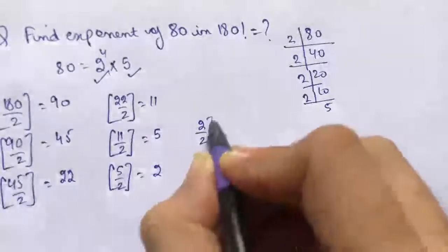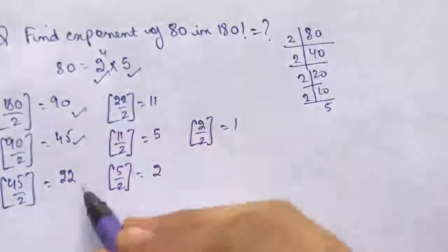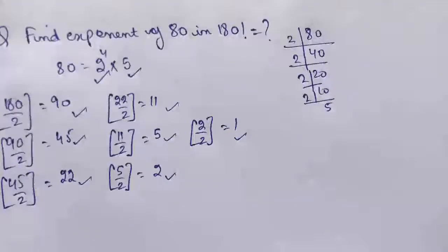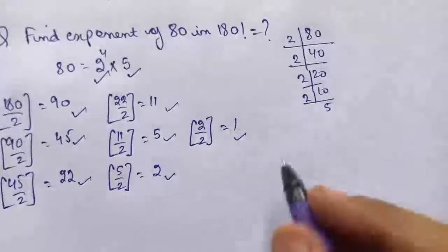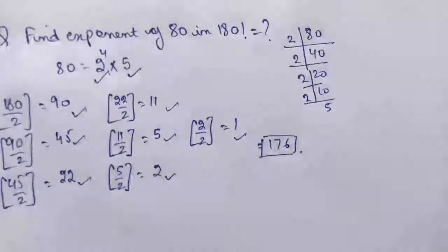And 2 upon 2 gives 1. So 90 plus 45 plus 22 plus 11 plus 5 plus 2 plus 1 number of 2's are present. The total is 176.